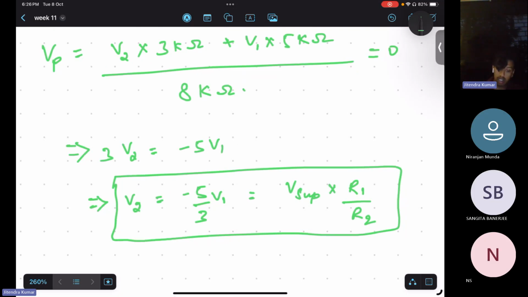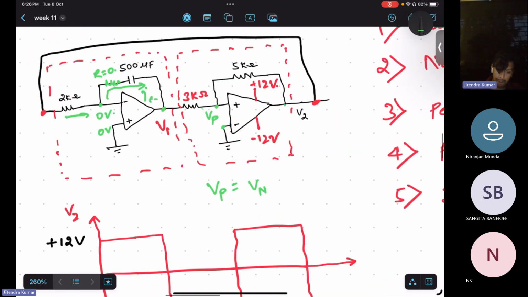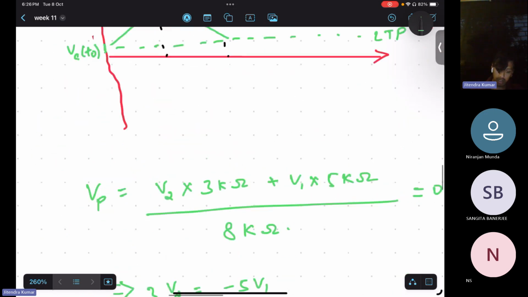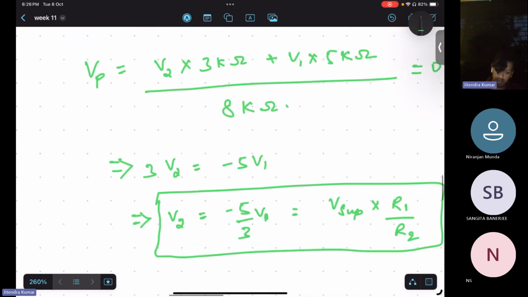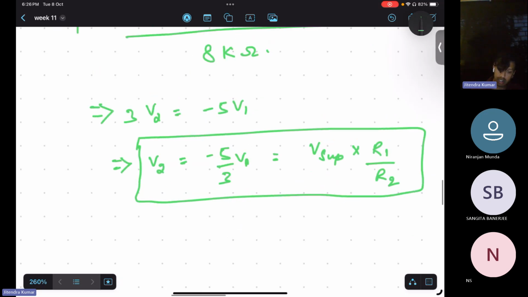Okay, or this V1 is equal to... so no, this is in other terms. So this is correct, this is from the formula. So here, which one is the supply, V2 or V1?